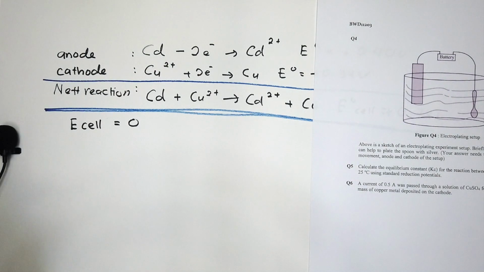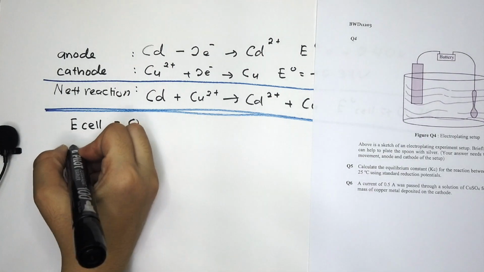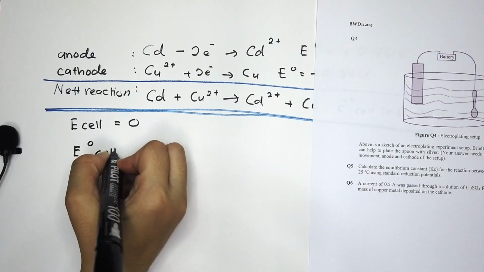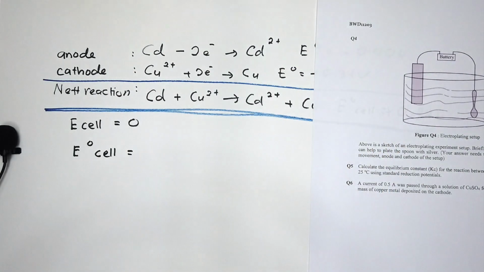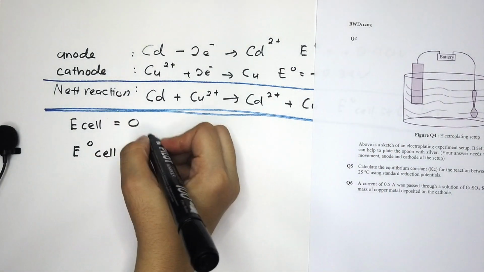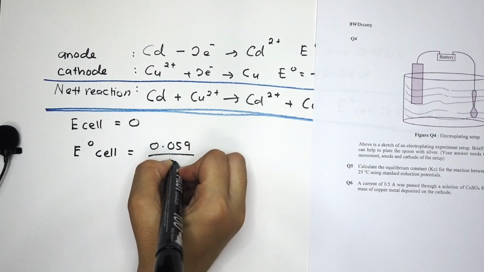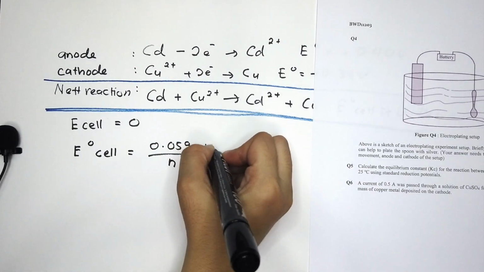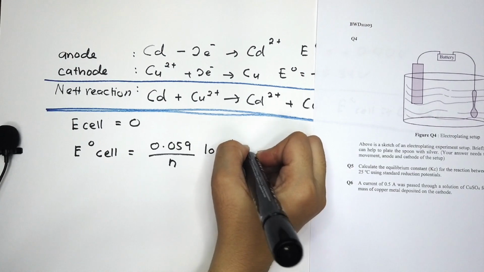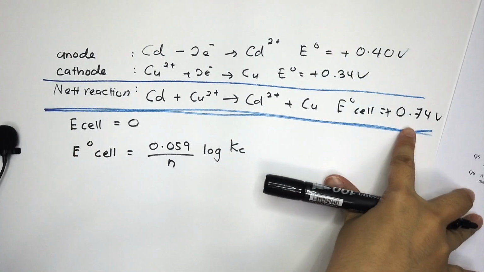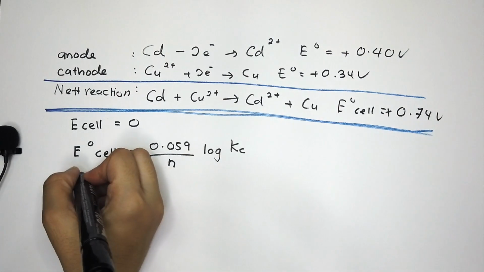Then E standard cell, which you have calculated just now, is equivalent to 0.059 divided by n log Kc. Alright, the E standard cell you already calculated just now, which is 0.74.